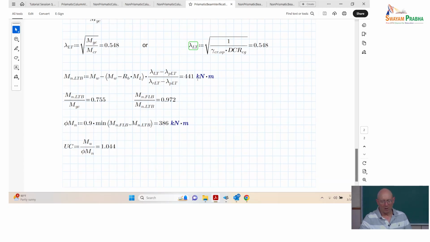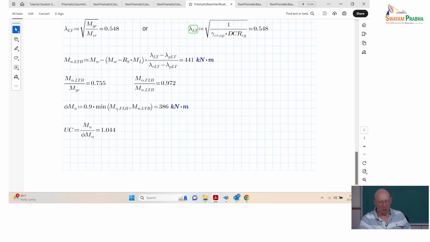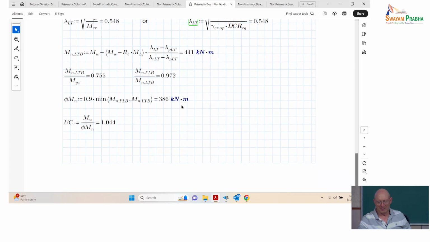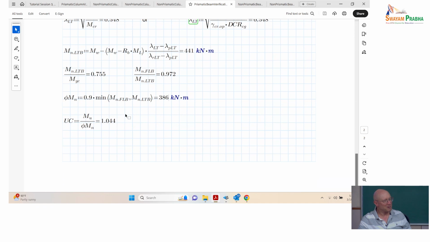So, all right, that's our lateral torsional buckling moment, but we basically chop it off at the neck and say, no, you can't get that high. Flange local buckling governs. And so the phi Mn is the smaller of those two, 0.9 times the smaller of those two, 386. And so you can see here now, we're already over with moment, about 4% over.